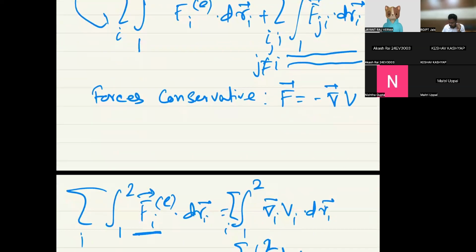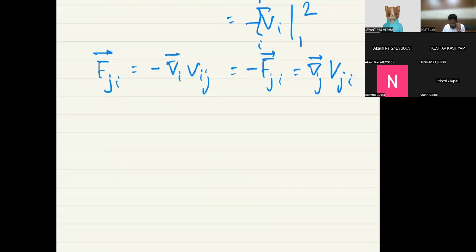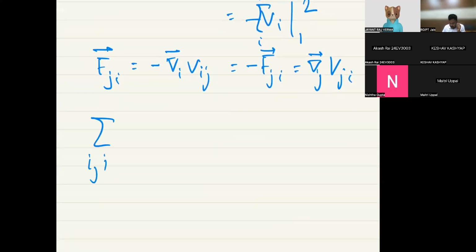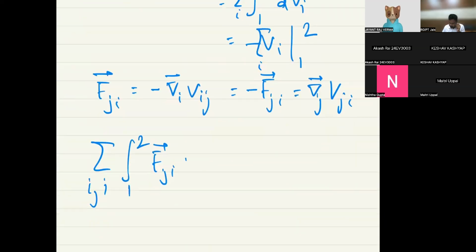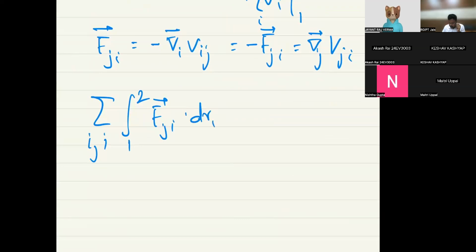The second term, the sum over i, j of the integral from 1 to 2 of F_ji dot dr_i, you can show will be equal to minus half V_ij, with summation over i and j.